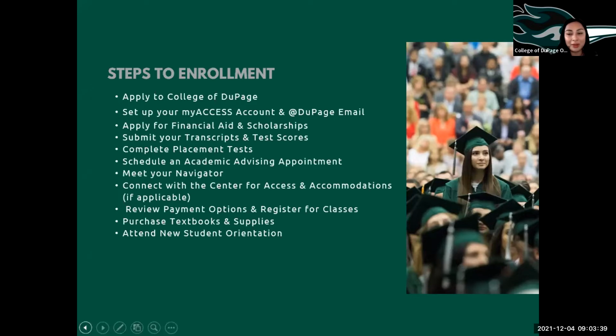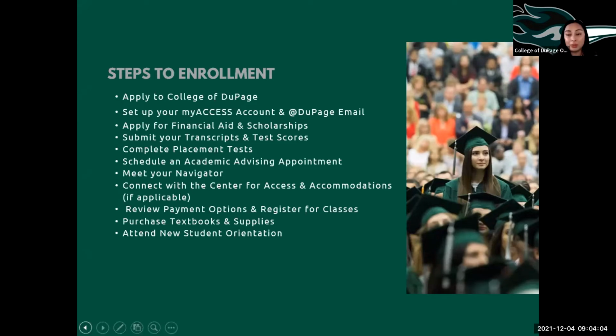We're going to be talking about the steps that you see on the screen, from what you do with that welcome email to financial aid and scholarships. We'll be discussing the importance of submission of transcripts and test scores and how that's taken into account at a community college and how it differs from a four-year university.